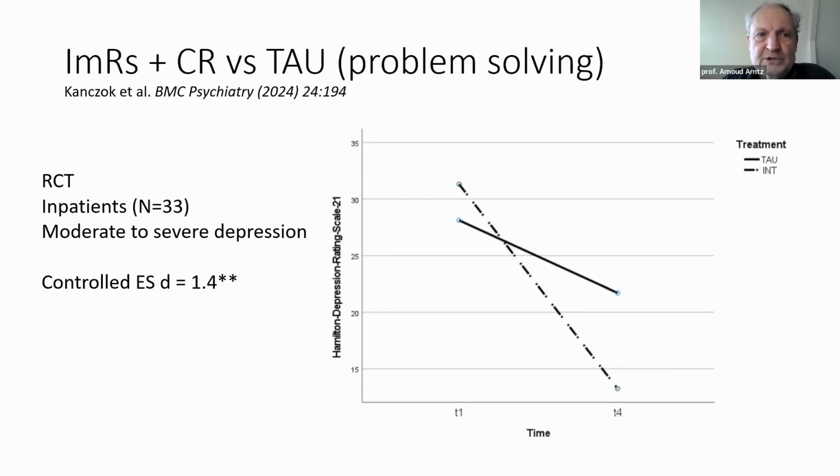A recently published German study with inpatient treatment for a moderate to severe depression demonstrated that imagery scripting, here combined with cognitive restructuring, had superior effects compared to the usual treatment there, which is problem solving. So during this inpatient treatment, the usual treatment is problem solving, but the data show it's better to offer cognitive restructuring combined with imagery scripting.